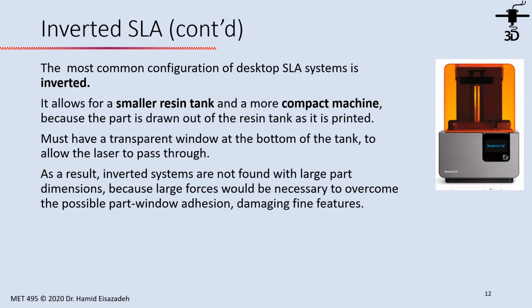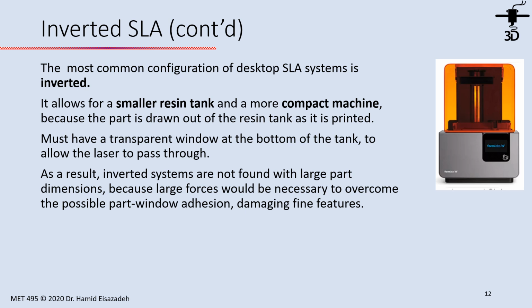A little more information about inverted SLA. In the inverted SLA machine, the part is going to be printed upside down, and the laser is going to be directed upward. In the upright SLA printer, we have a resin tank that has to be deep enough to fit the entire part.